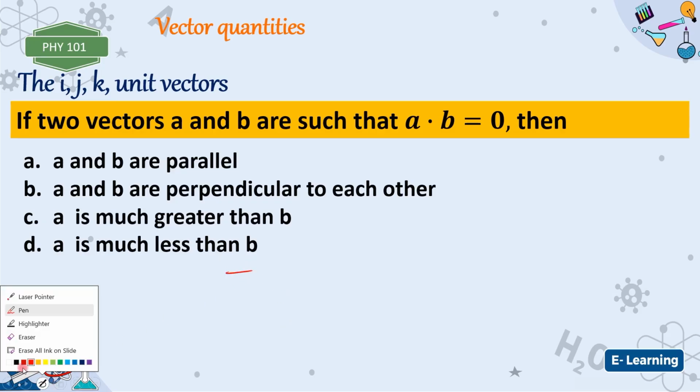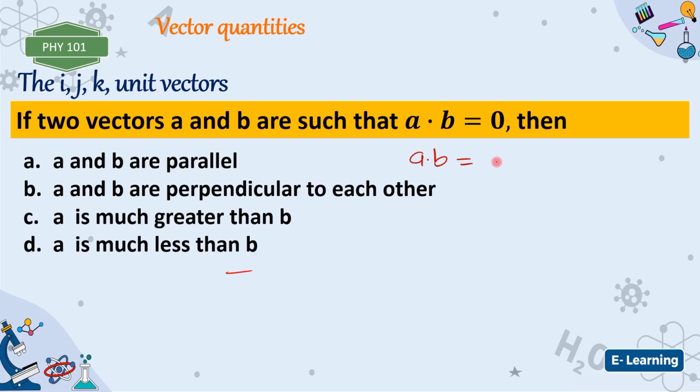Now, from what you've learned earlier, the formula for A dot B is equal to the magnitude of A times the magnitude of B times cos theta. Since everything here is equal to 0, it means that cos theta must be equal to 0.